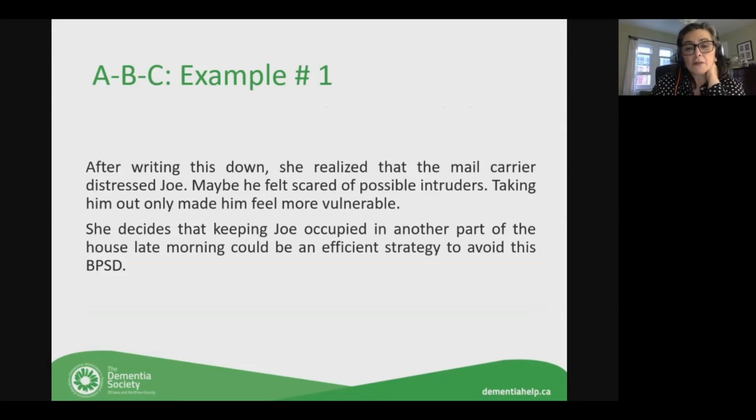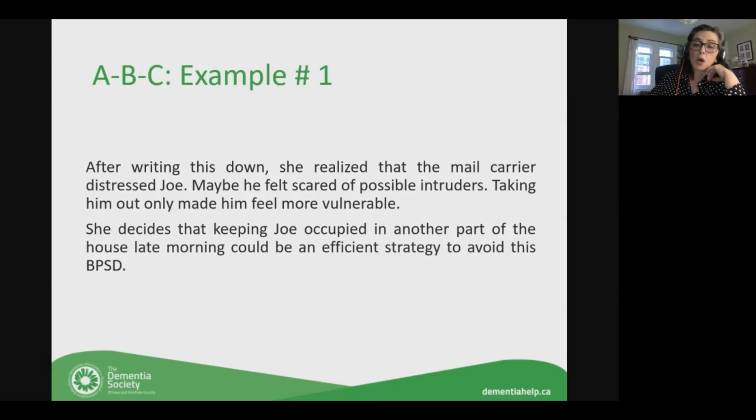Maybe he feels scared of possible intruders, but taking him outside only makes him feel more vulnerable. So going outside when the mailman is there isn't the answer. The fear of the intruder is still there, but it makes it even worse.